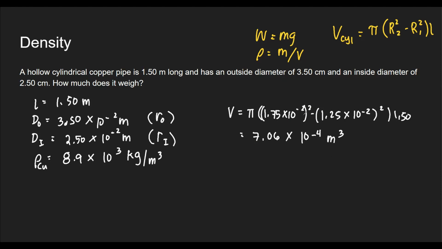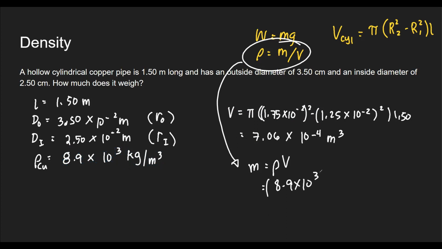Then that volume can now be used to get our m. So from this, we have m is equal to your density times our volume, which gives us 8.9 times 10 cubed times 7.06 times 10 negative 4.